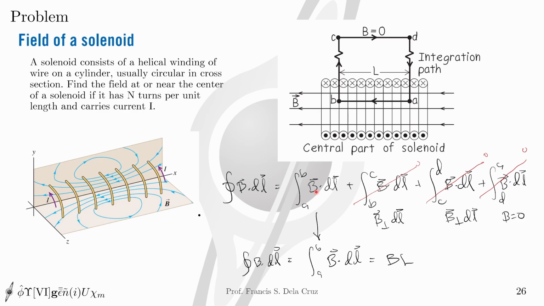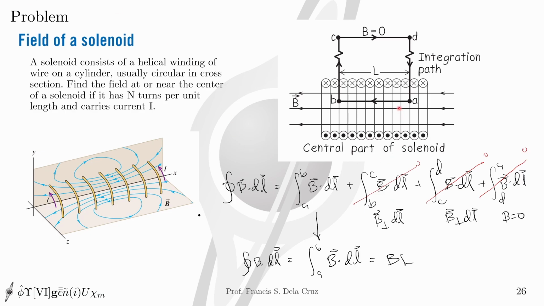Then from B to C, you're going from the inside of the solenoid to the outside. But if you look at B dot dl, the direction of your dl is now perpendicular to the B. So that's why B dot dl will give you 0, perpendicular, 90 degrees.